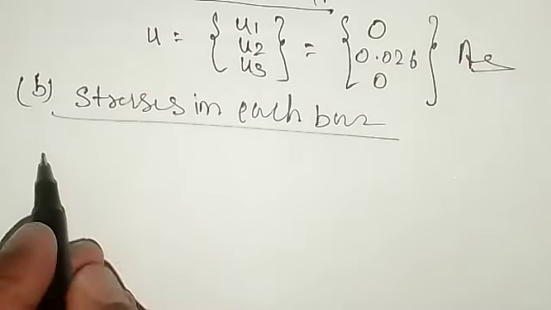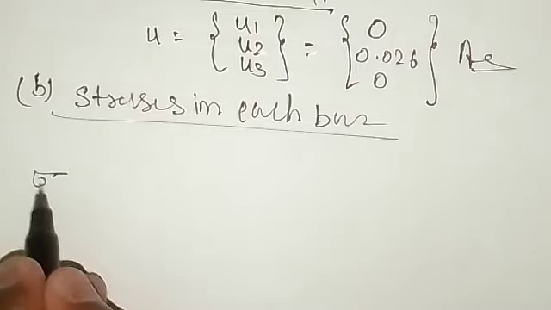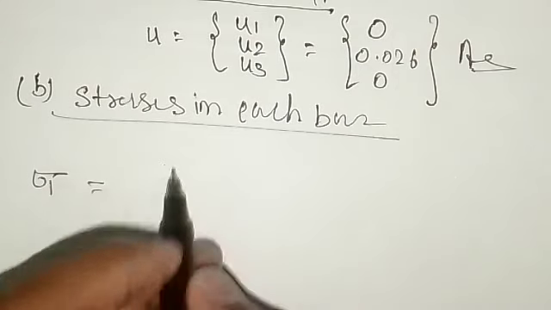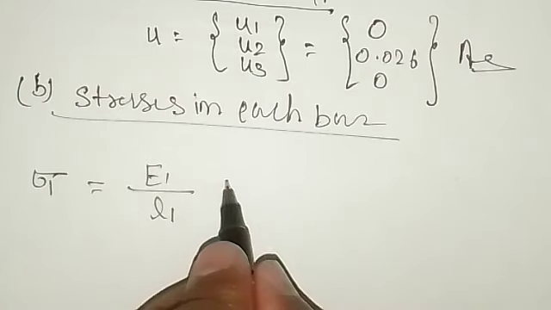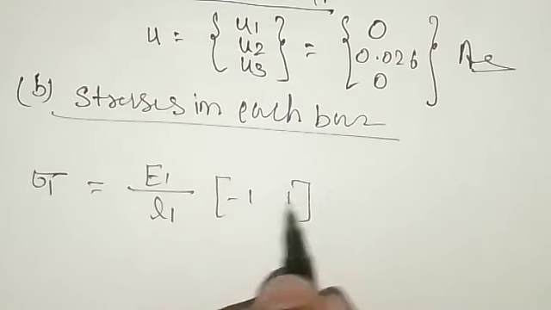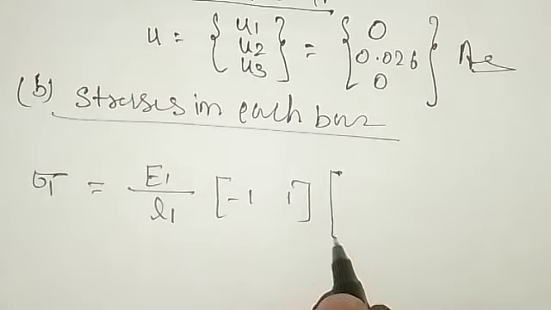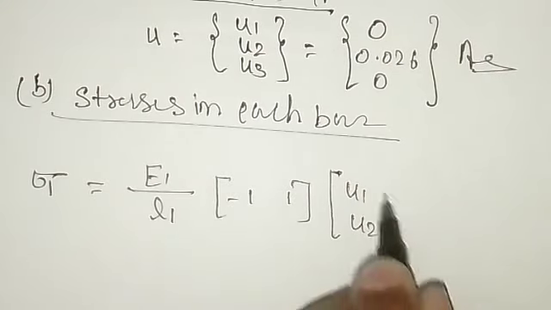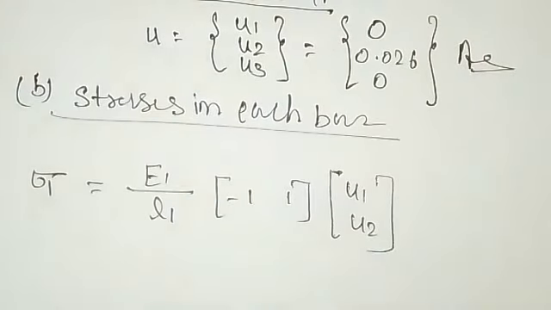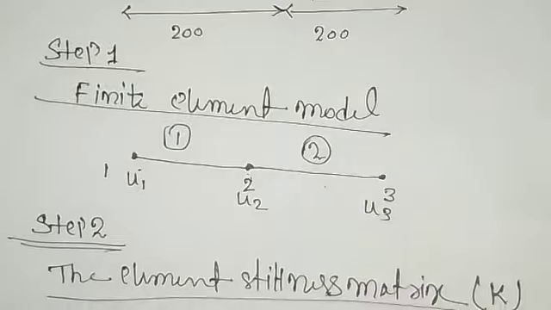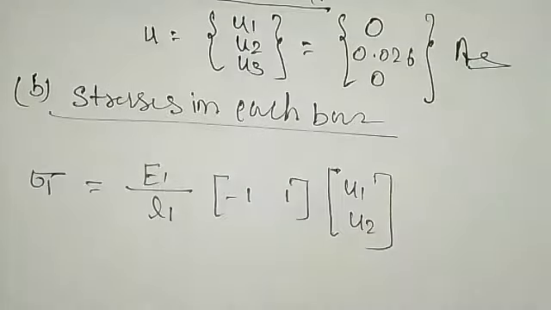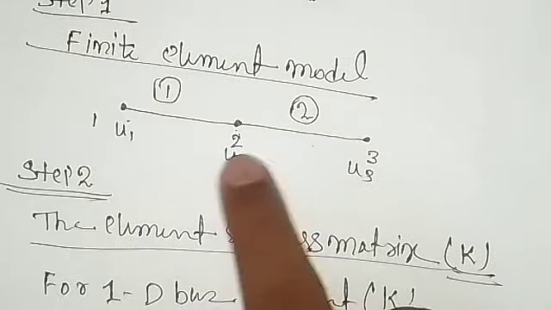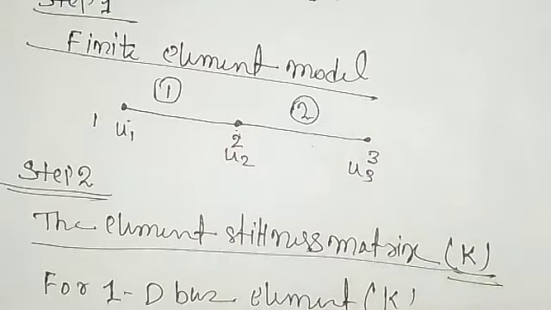We'll use the finite element equation, that is sigma 1, the stress in bar 1, is equal to E1 by L1 times [minus 1, 1], and the nodal displacements U1 and U2. Why? Because this element 1 is associated with node 1 and node 2, that's why we are taking U1 and U2. While you find the stress 2, you have to take U2 and U3.